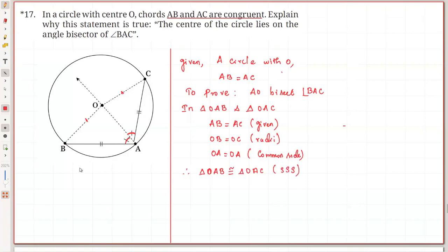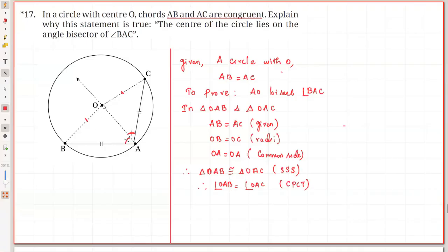If these two triangles are congruent, then corresponding angles are equal. So angle OAB is equal to angle OAC, based on CPCT, corresponding parts of congruent triangles.